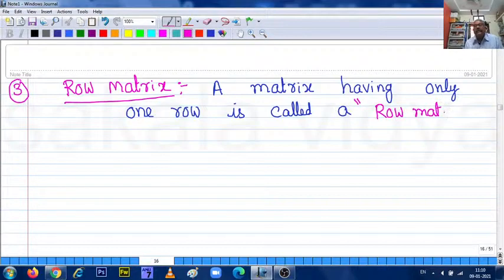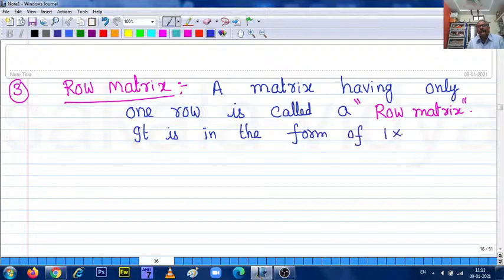Good morning, Sai Krishna. It is in the form of 1 by n type or order.